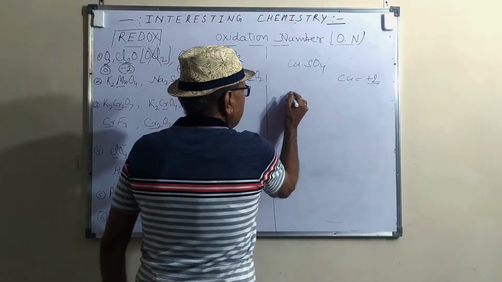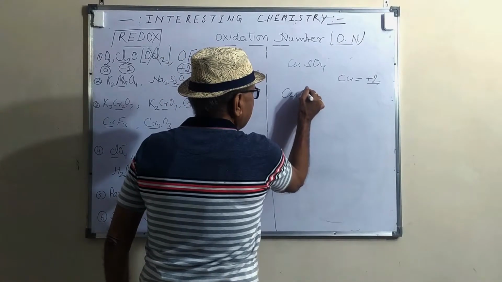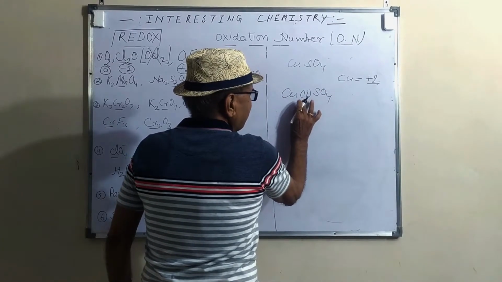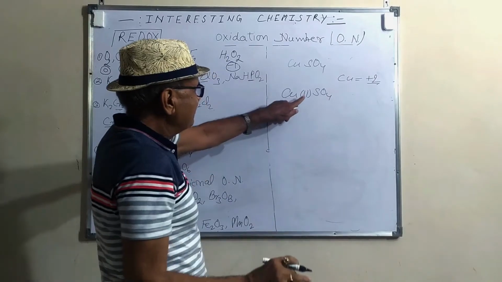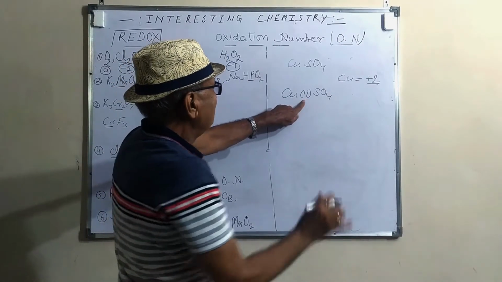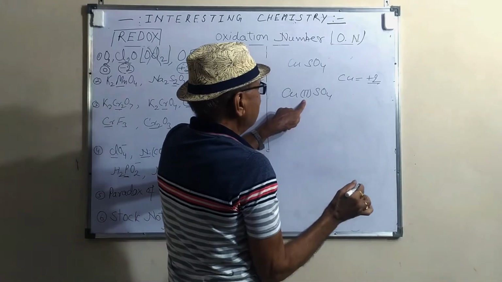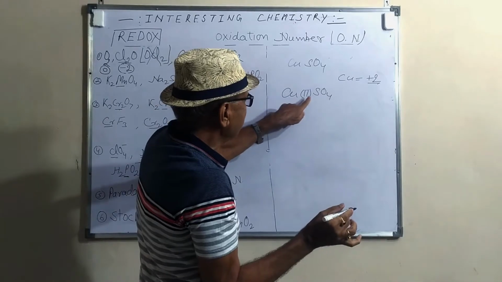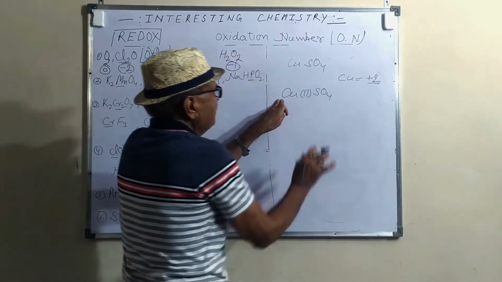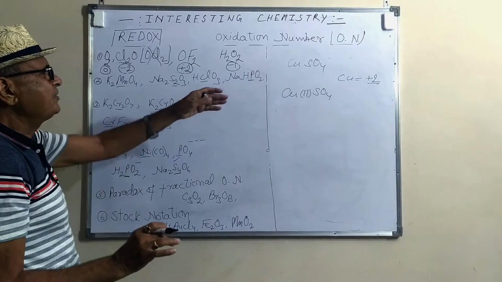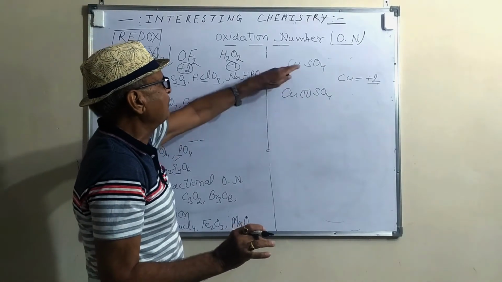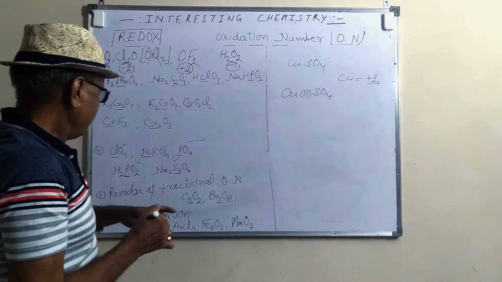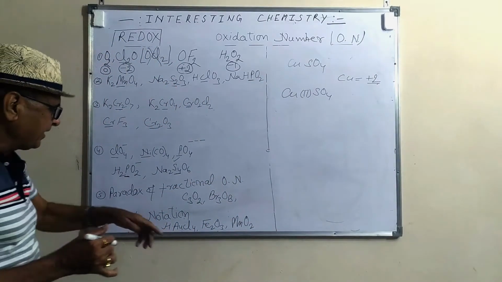So you will write Cu(II) SO4, where the II shows the oxidation state of copper. This is the way to write the Stock notation of the formula of any compound. Again, how will you write here?